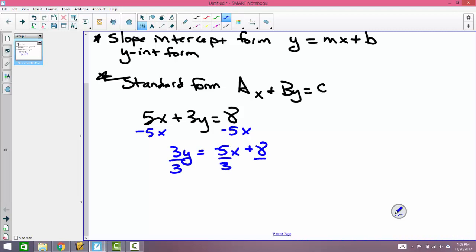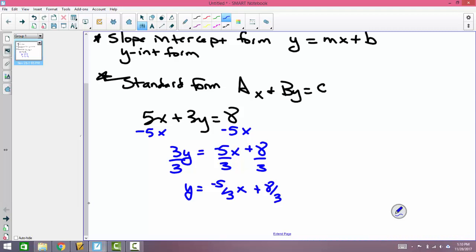And then you would divide everything by 3 to solve for y. So negative 5/3 x plus 8/3. And you could leave it just like that because a fraction is easier to graph the slope with than a decimal. Okay, so point slope form is a little different.